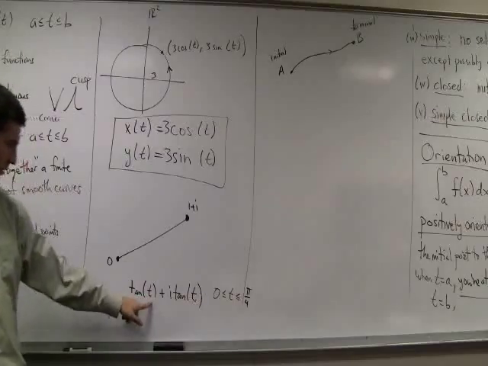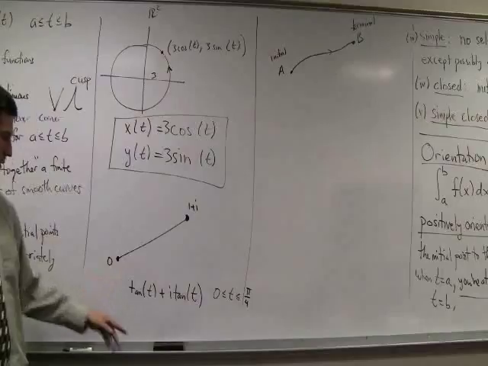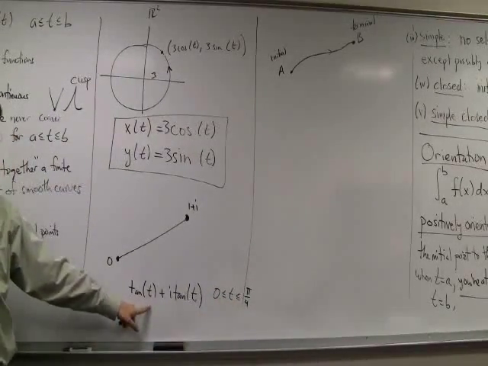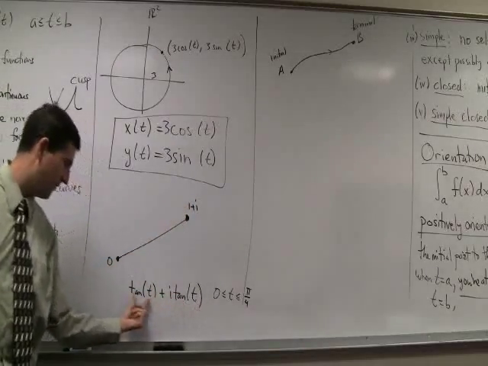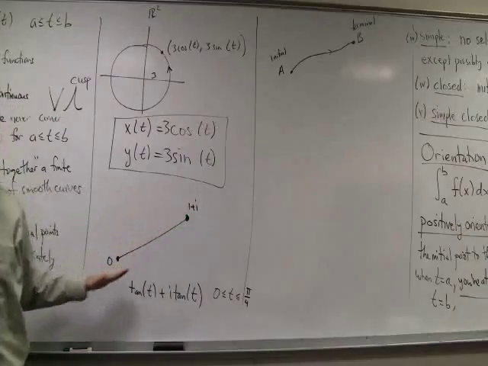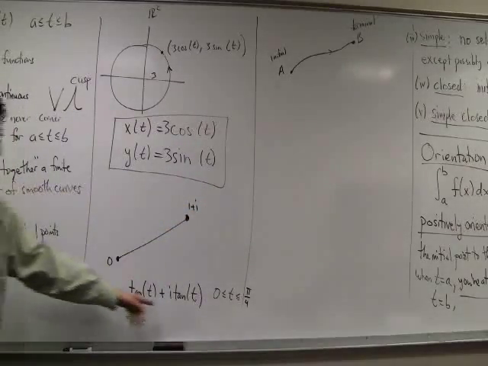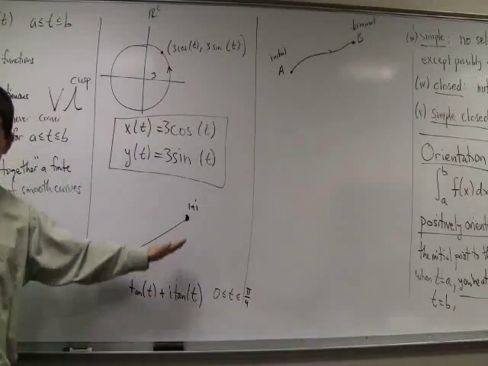So when t is 0, tan of 0 is 0, so this whole thing is 0. And when t is pi over 4, tan of pi over 4 is 1, so you get 1 plus i. And since these are always the same value, it's going to be on this line. This is just sort of y equals x. So this is a completely different way of writing a parameterization of this line.